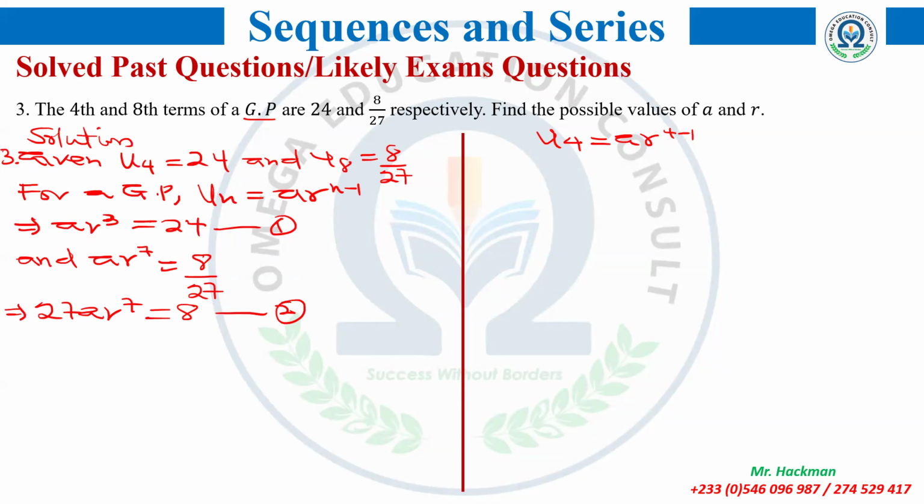At this point, you have 2 equations, all of them in A and R. So let's see how you'll be able to solve for A and R. Any ideas at this point? In a normal circumstance, you should be on your own. I've helped you more than enough up to this point.